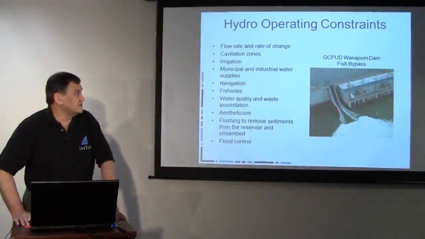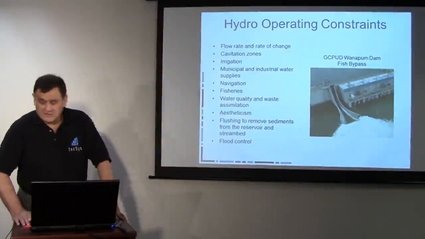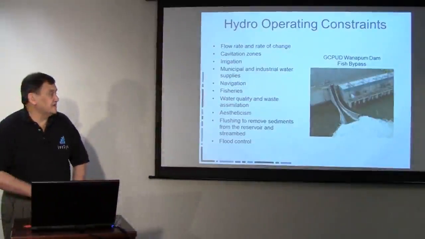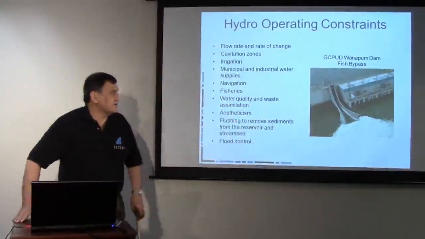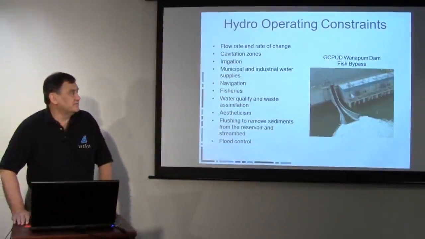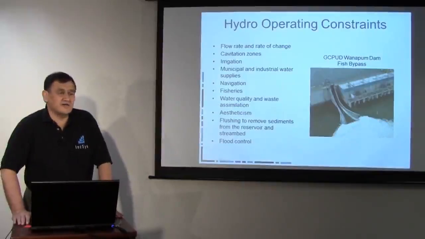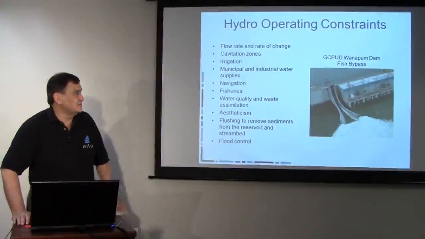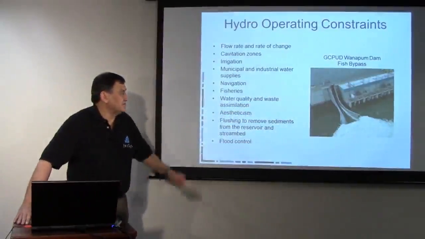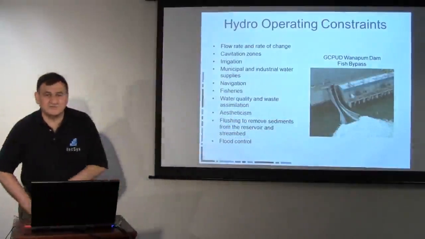So here's an example of a fish bypass, which has been highly recommended and cited by environmentalists, implemented by Grant County PUD, and it provides a very high survival rate for the different types of salmon as they are encouraged to take that bypass versus going through the actual turbines.